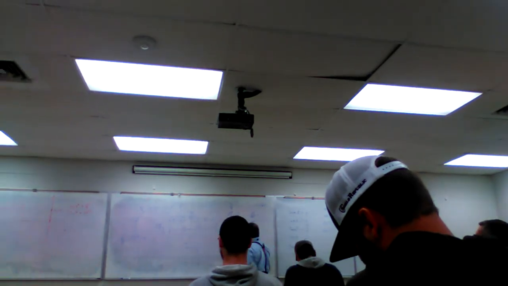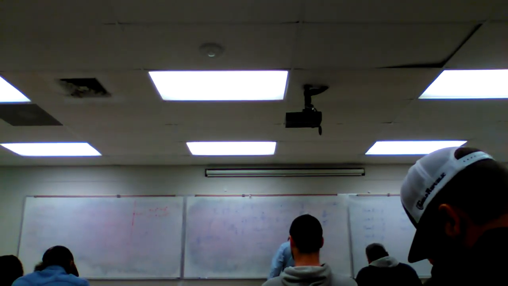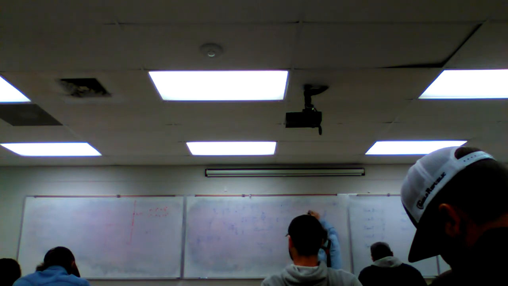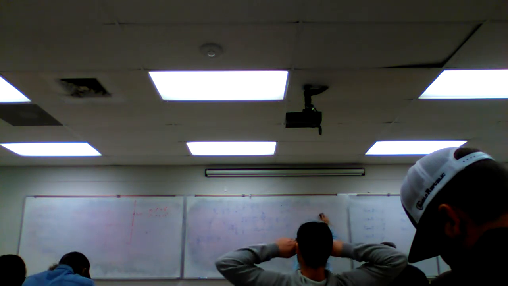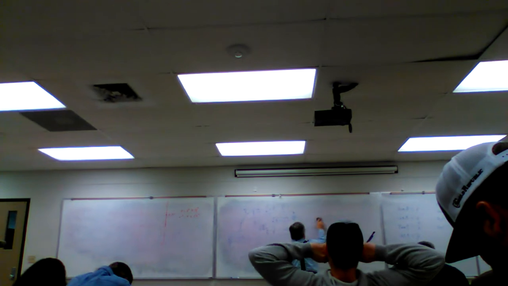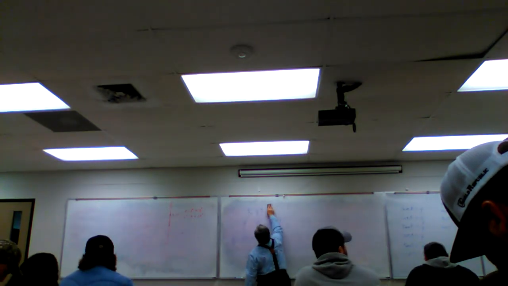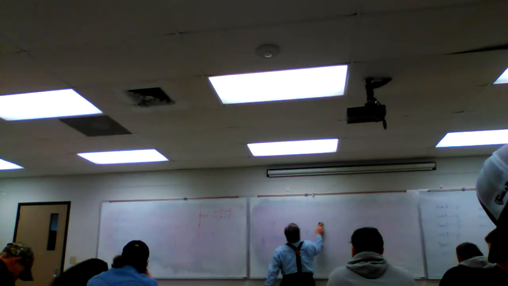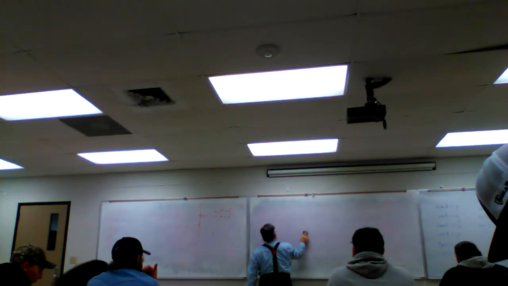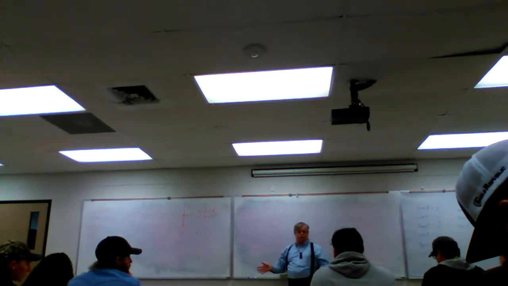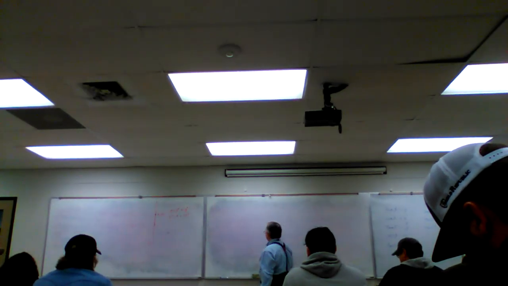But once you have that information, you have the radius, and you have the coordinates of the point. How can you find the six trigonometric functions?